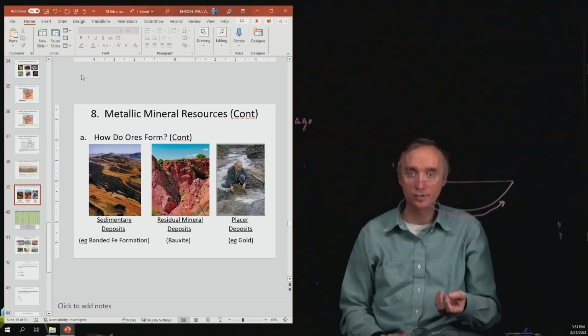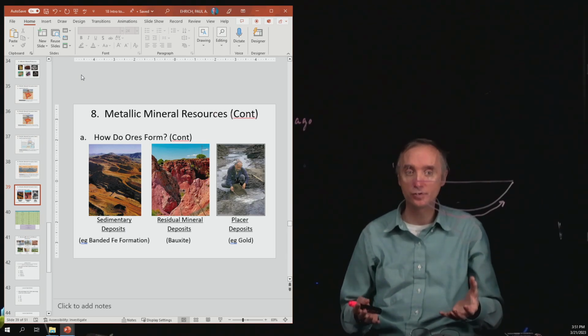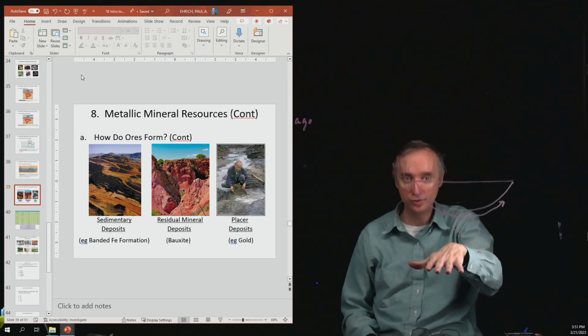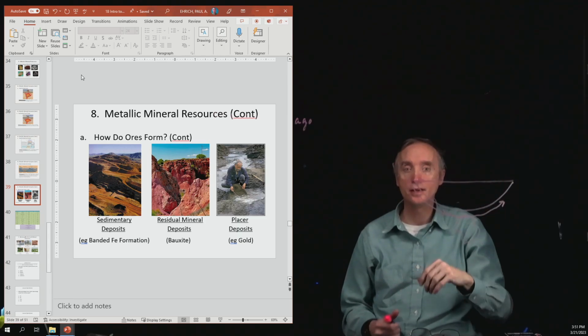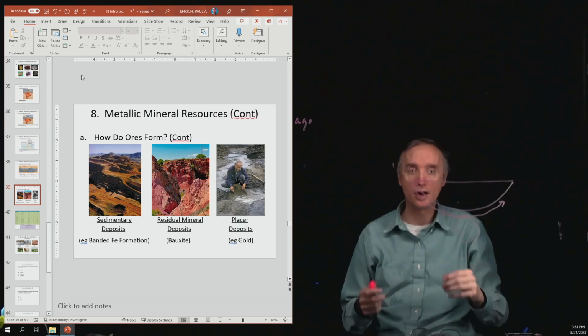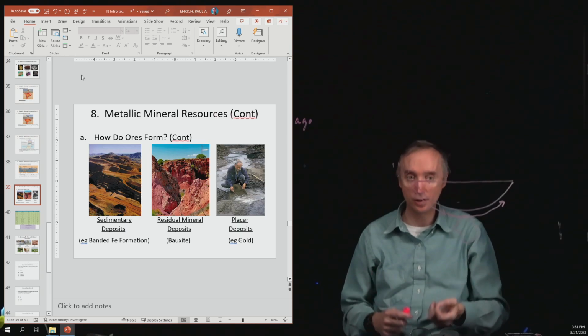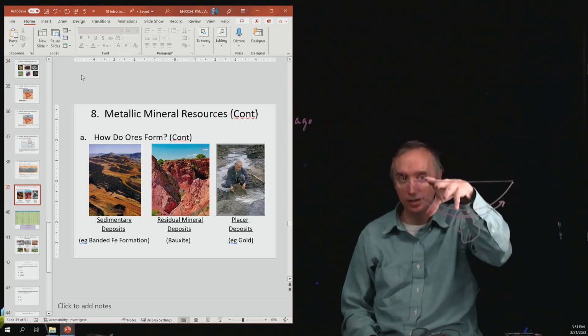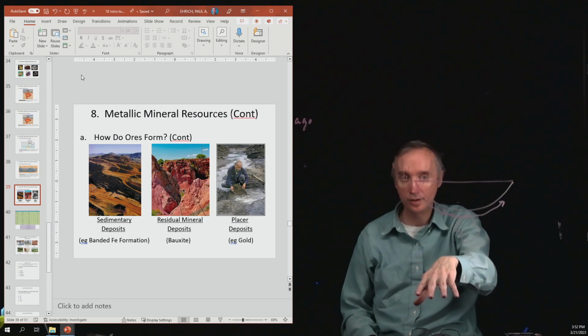So the first oxygen was being pumped into Earth's atmosphere. But as soon as it got into the atmosphere, it was dissolved into the oceans, and then it started to rust iron that was dissolved in the oceans. So then that rusted iron began to precipitate to the bottom of the ocean.